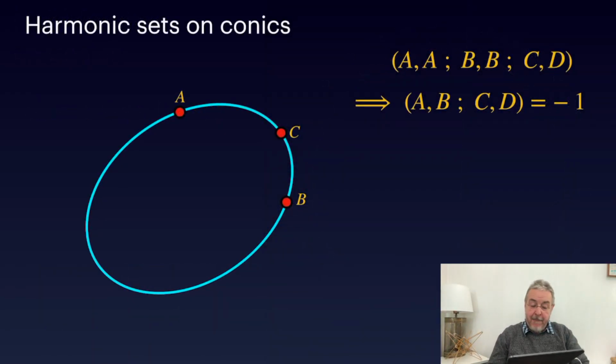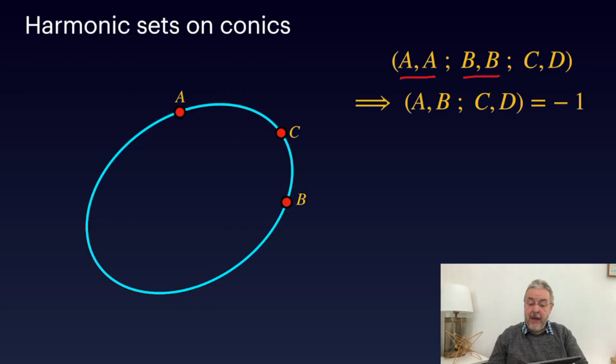Here comes a very important application, which corresponds to a limit situation where two pairs of points coincide. So assume we consider the quadrilateral set of 4 points where we take the first pair to be twice the same point and the second pair to be twice the same point as well.